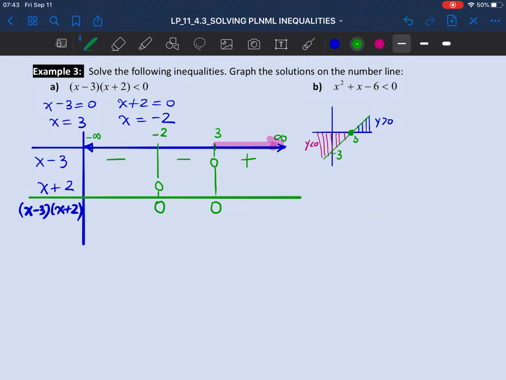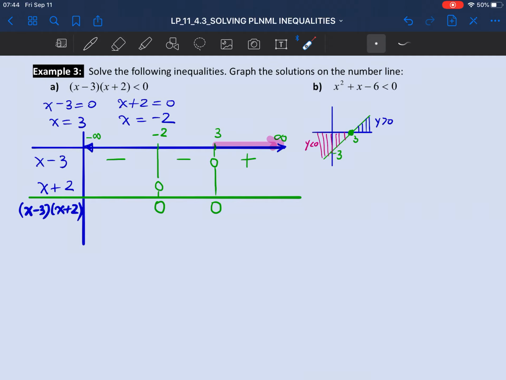And you can also take testing values in this case as well, right? So take a value of 4, for example, substitute it. That will give you a positive 4 minus 3. Take a value of, say, -100, substitute it. That will give a negative.